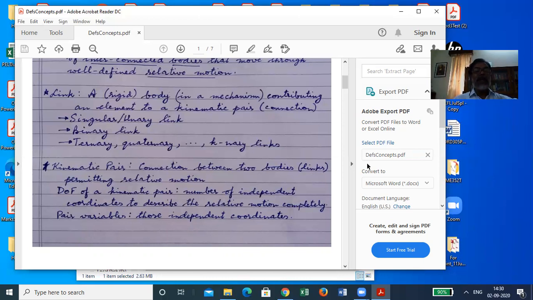So they defined it as kinematic pair. This is the term they coined, the old grandmasters. Okay, and the idea of a pair is, for example, consider one body moving relative to another.